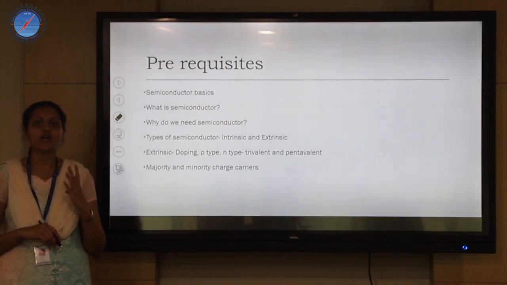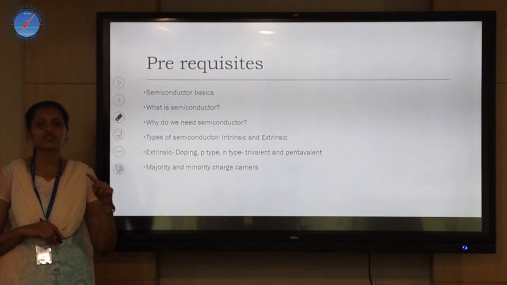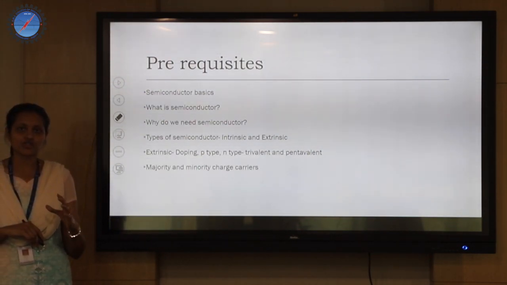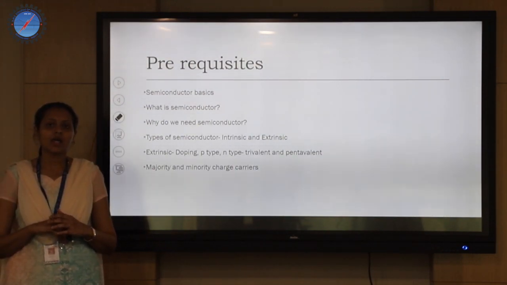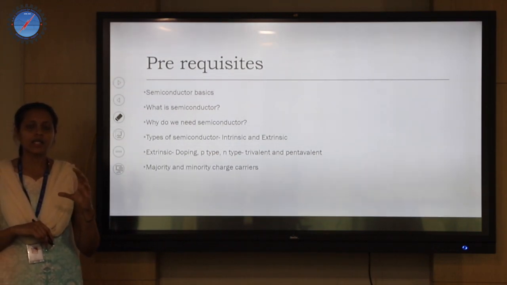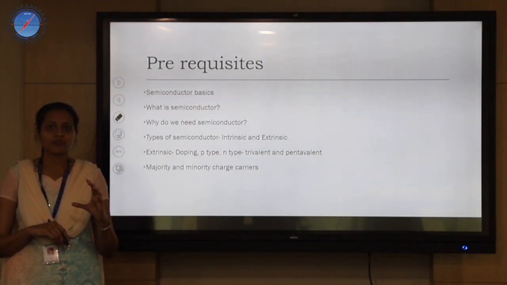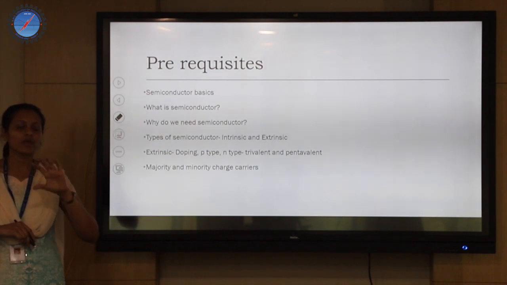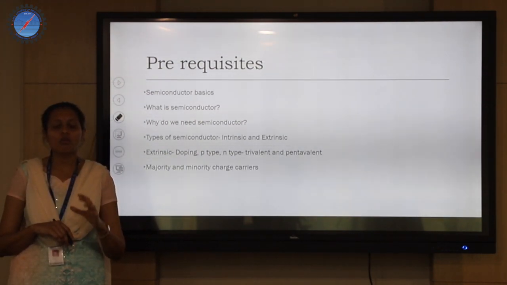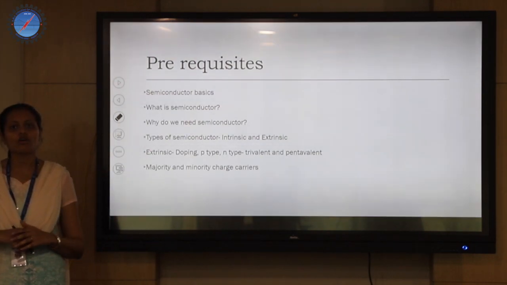Tetravalent meaning there are 4 electrons in the outermost orbit, and they form a structure or a crystal by means of covalent bond. That is, a silicon atom is attached to the neighboring silicon atoms by means of covalent bond, which is nothing but sharing of electrons.